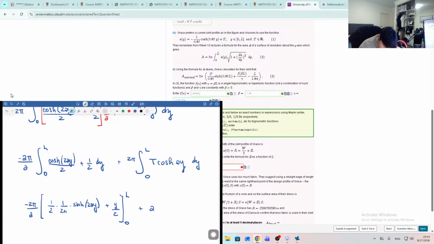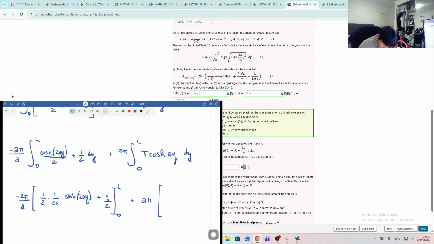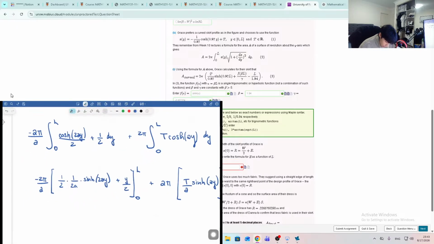Let's just keep 2 pi out of the way. t on a sine a y from L to 0.